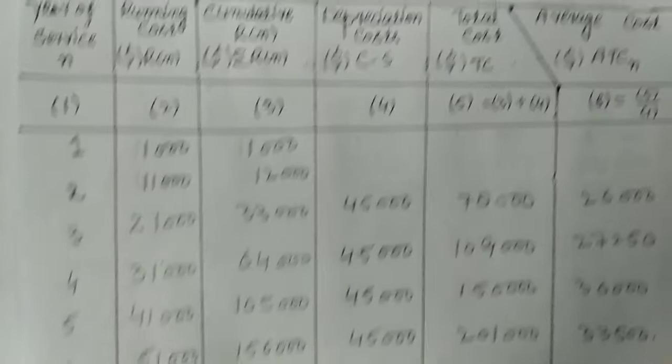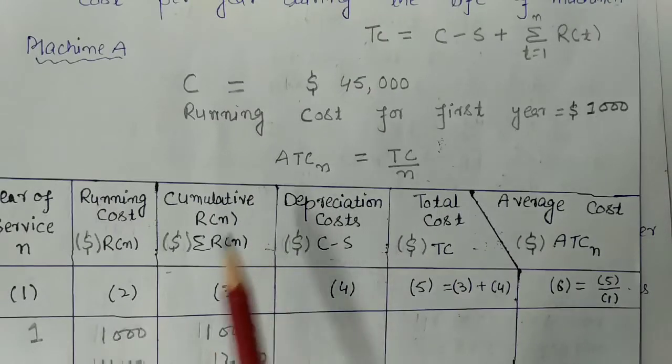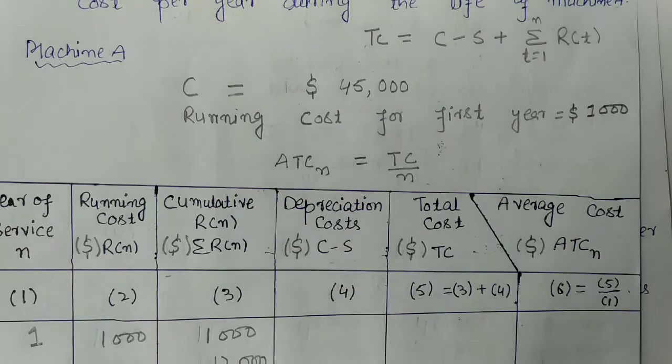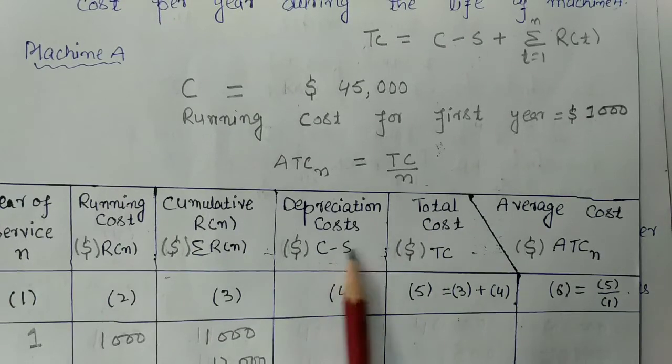After that I will find C minus S, that is depreciation cost. Now depreciation cost is the residual amount of an asset that has not yet been consumed. So the depreciation cost is cost minus resale value.